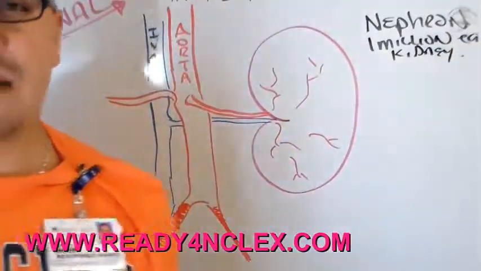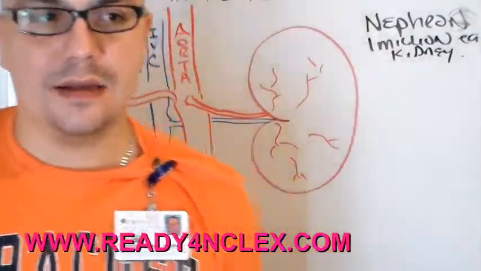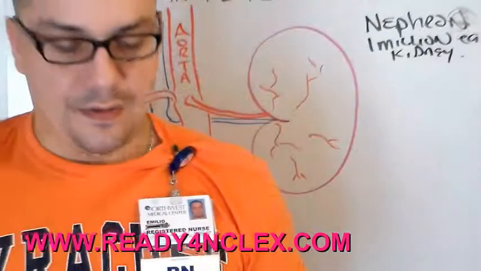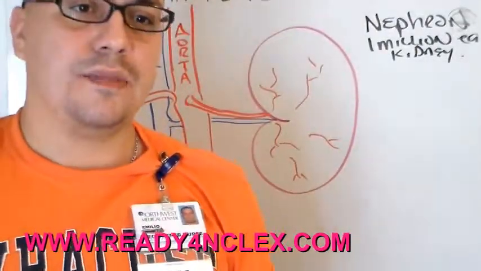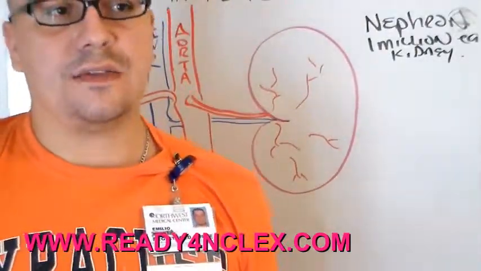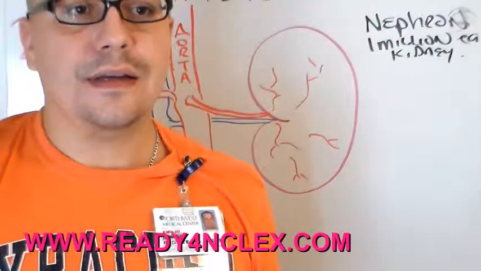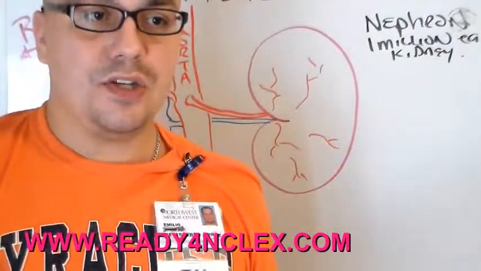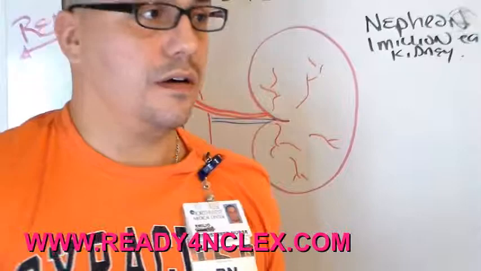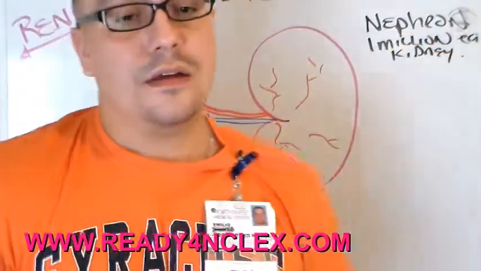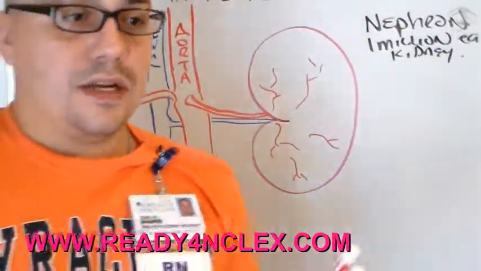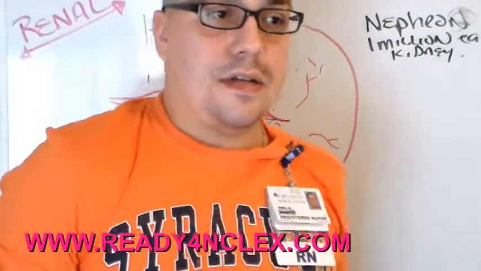And once these nephrons are damaged, they do not come back. Hence, renal failure. If these nephrons were to replicate themselves, we wouldn't have such a thing as renal failure or dialysis. They would simply reproduce themselves after damage. But in this case, with the nephrons, they don't.